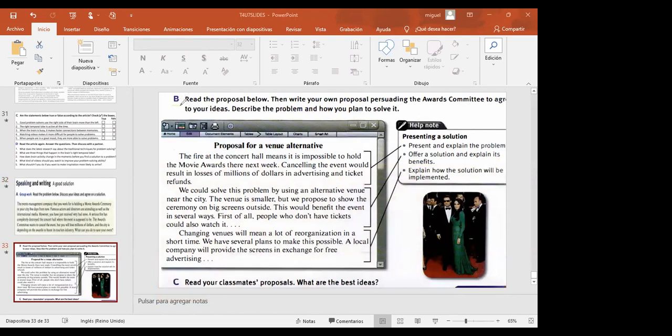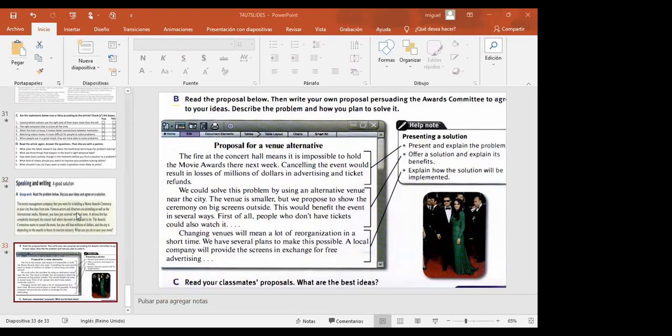Read the proposal below like this one. So you need to take into consideration these points. Present and explain the problem, offer a solution, and explain how the solution will be implemented. Okay, this is an example. So you need to do both.